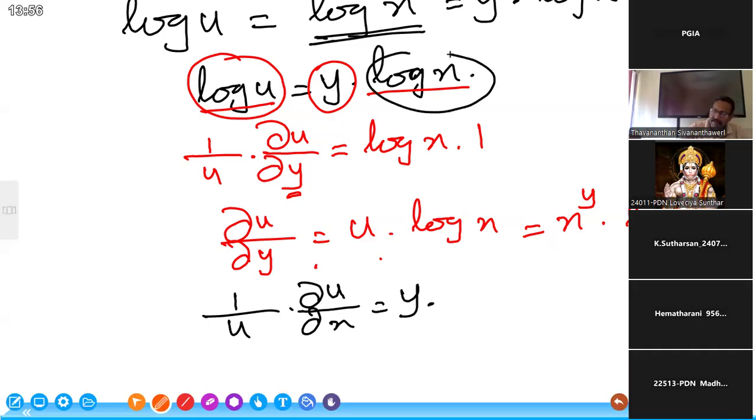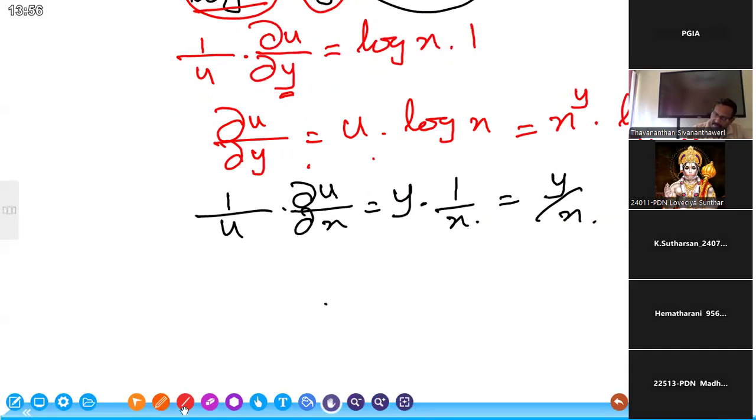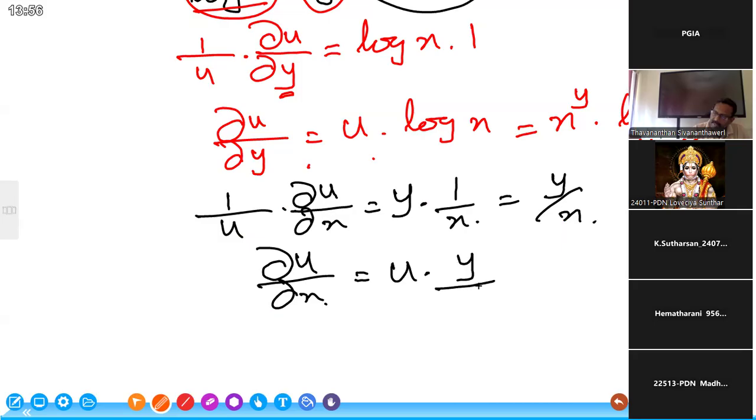Then differentiate log x. If you differentiate log x, you get 1 over x, isn't it? Into 1. So that is y over x. So we can write ∂u by ∂x is equal to u into y over x.